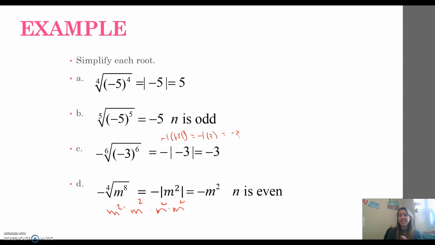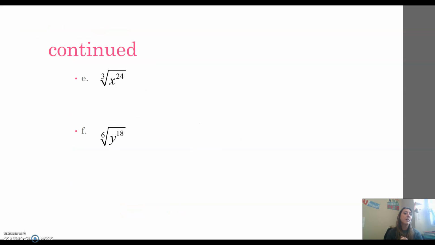Does that make sense? Hopefully that does. Ask some questions if you have them. I know I had some questions in class. All right, 2 more. So then we're going to do the same thing. Now we have an odd index, but this number is even. So now we just have to figure x to what power multiplied 3 times. So x times x times x.